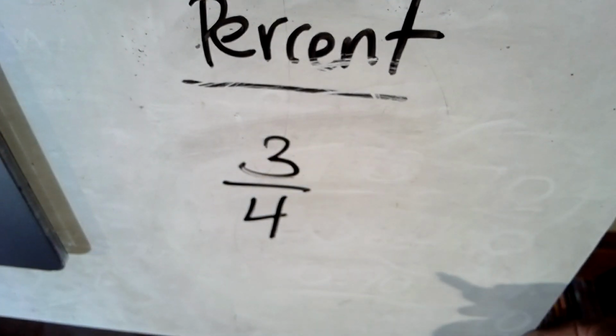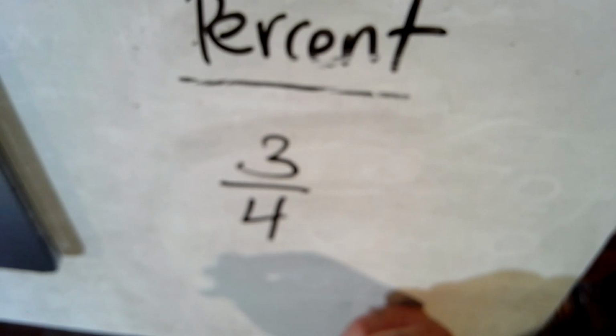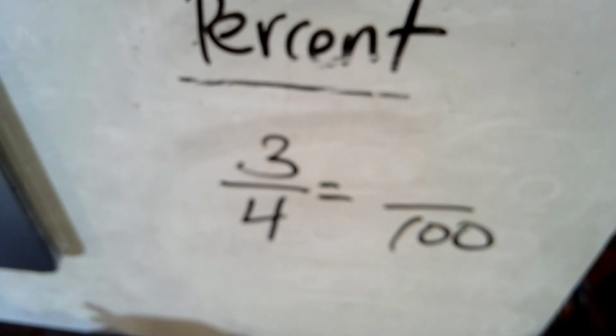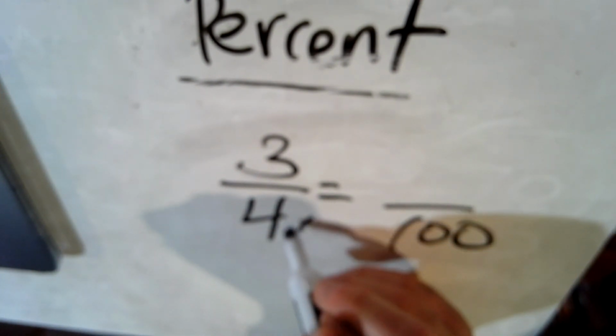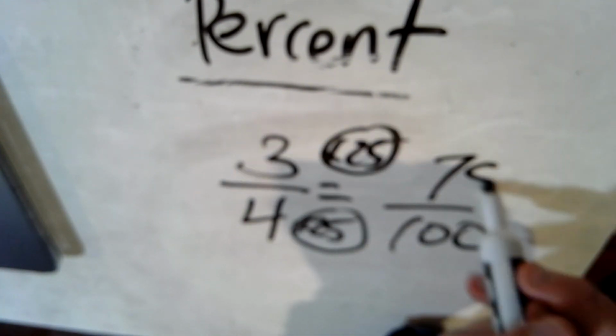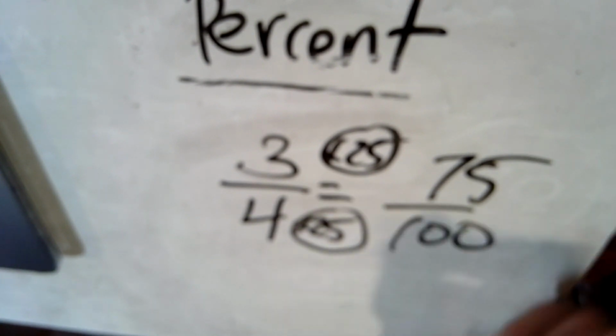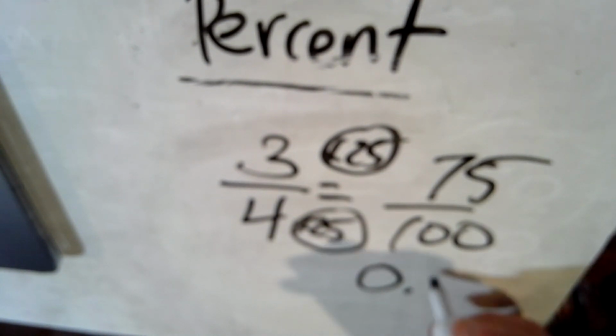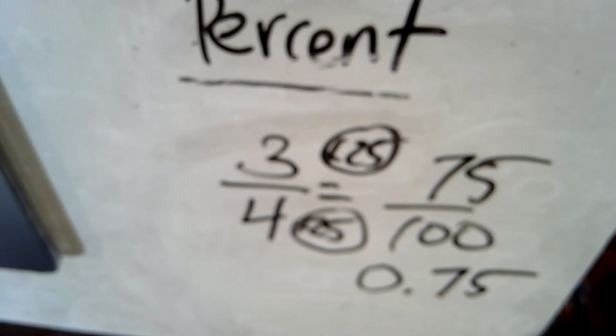Let's say a basketball player takes 4 shots and makes 3, so 3/4. You probably know 3/4 as a decimal is 75 hundredths. 4 times 25 equals 100, and 3 times 25 is 75. 3/4 is equivalent to 75 hundredths.